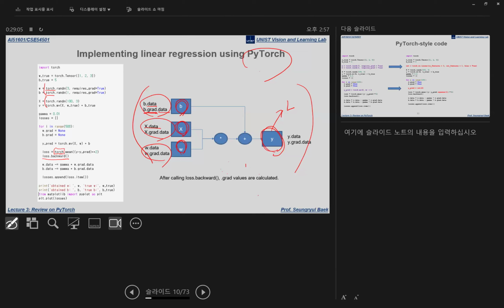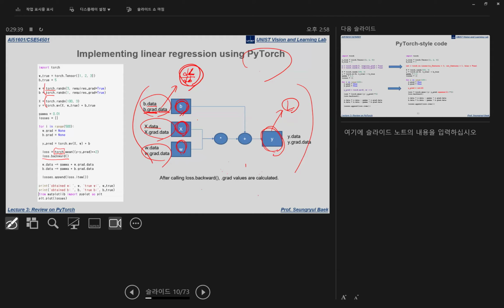Gradient means the differentiation of the last node, the loss L, with respect to this node B. They are holding this gradient dL/dB, the differentiation of the last node with respect to that node.